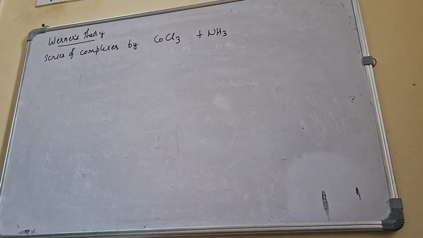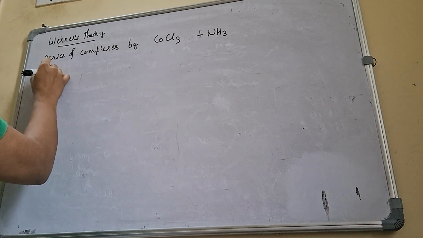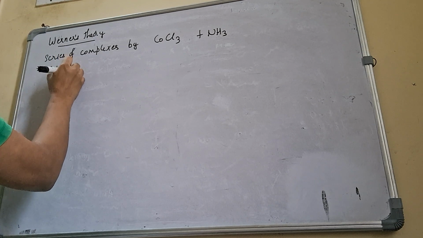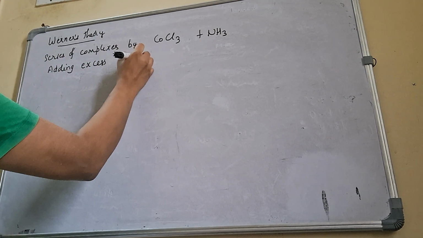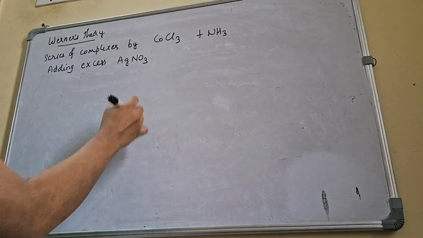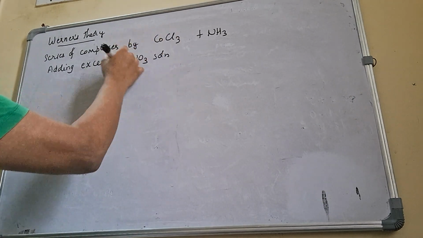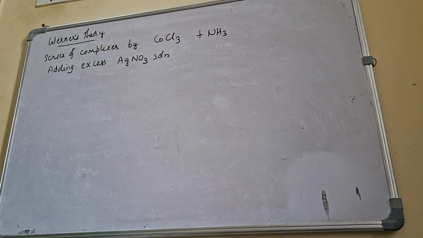He made this complex, and then to this mixture of cobalt chloride and ammonia, he started adding excess silver nitrate solution. He observed that some of the chloride ions were precipitated.